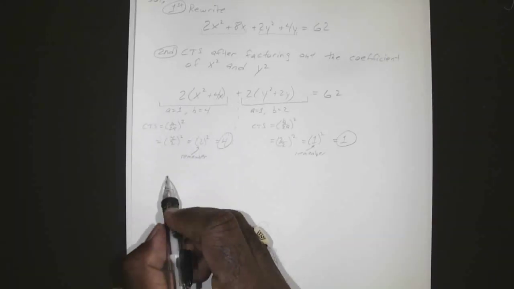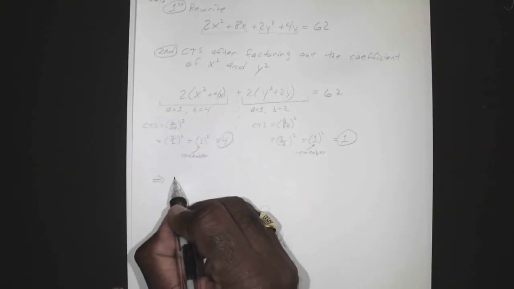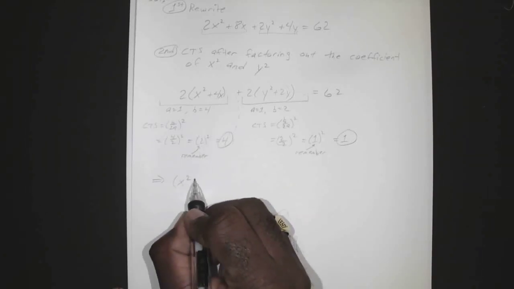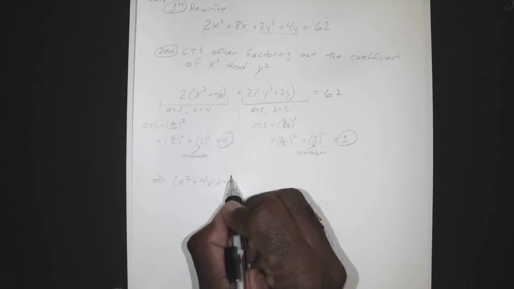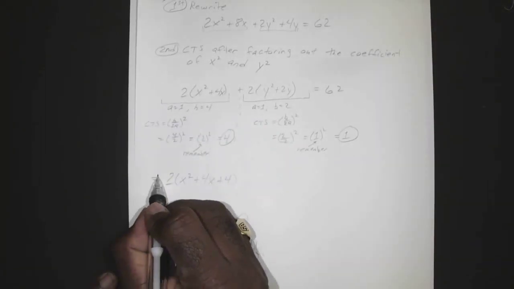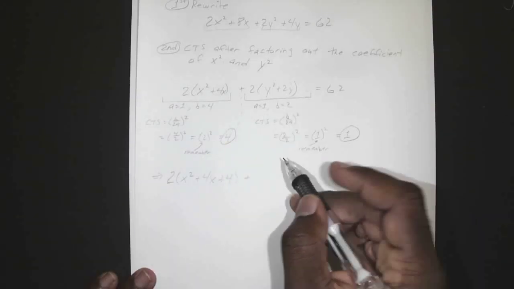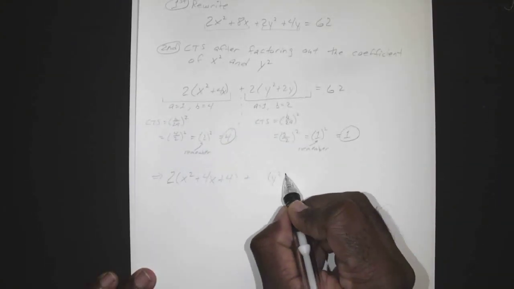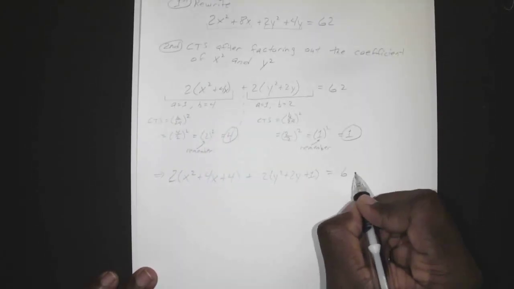If you put those in to complete the square, you have x squared plus 4x plus 4, remember, that's times 2, plus y squared plus 2y plus 1, remember, that's times 2, is equal to 62.